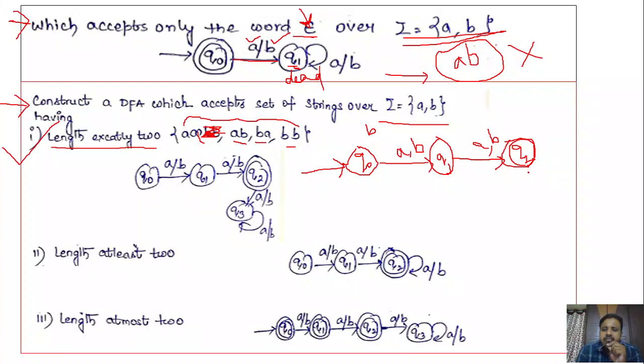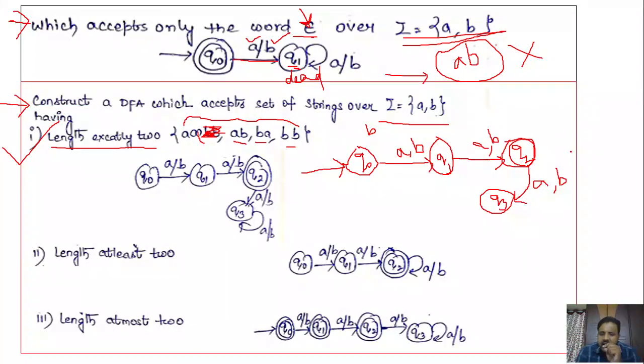If I get one more character from state q2, it makes the length of the string greater than 2, right? So from q2, if I get either a or b, that must not be accepted. So I am making a transition towards the state q3.